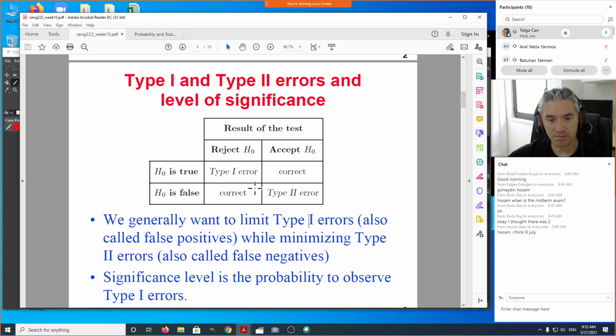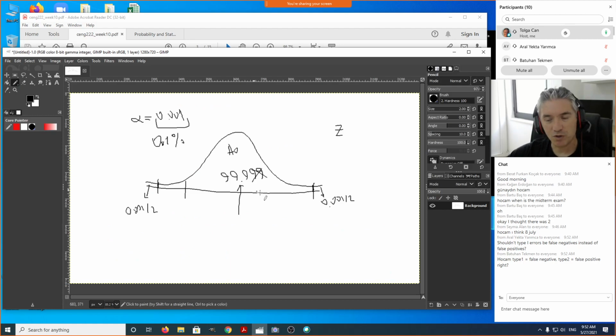So the significance level alpha directly corresponds to the probability of observing type 1 errors. What counts as positive depends on what you call positive. Let me first try to answer Aral Yekta's question.